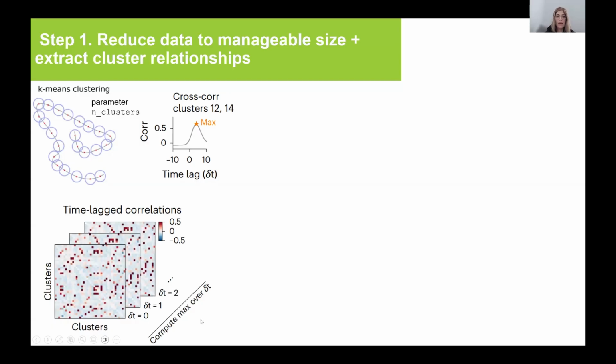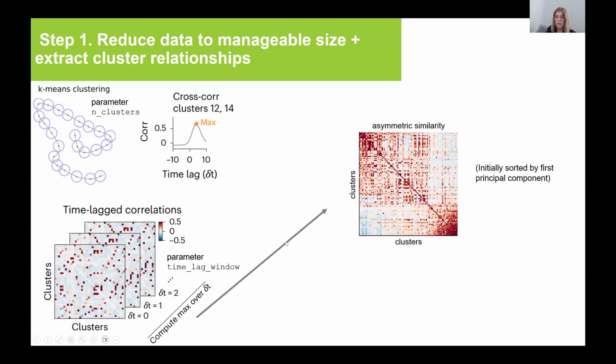So we take the max over these time lags, and this is a parameter in the algorithm, the time lag window. That's what we use to create what we call the asymmetric similarity matrix. Because we're taking this max over time lag windows, it allows us to get the max correlation even across time bins and capture these sequential events, like those sequences in the data.